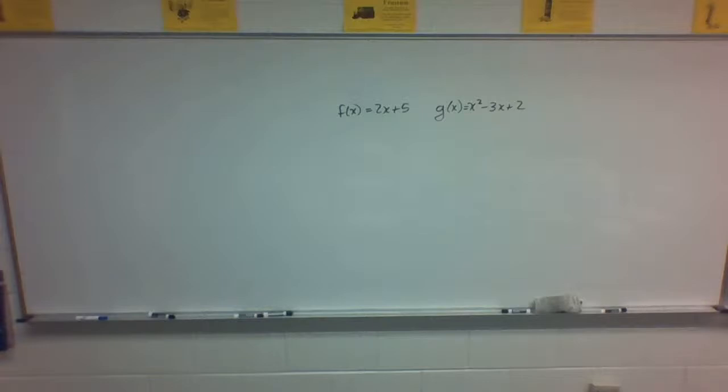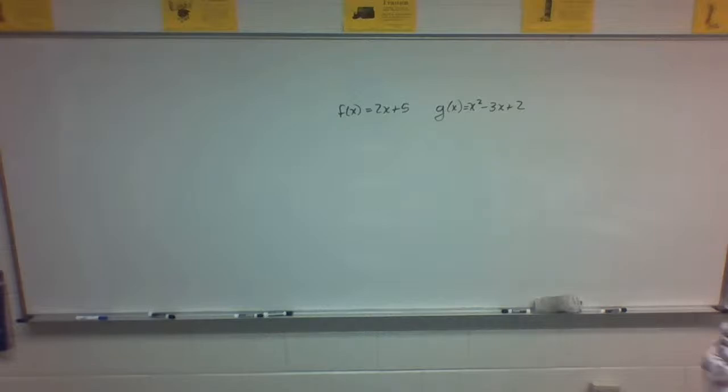See, number 50 says 4 f of x plus 2 g of x. What do you suppose that means? 4 times... You distribute a 4 through f, you distribute a 2 through g, and add up what you get. That seem reasonable? Take a look at number 46 without putting it on the board.